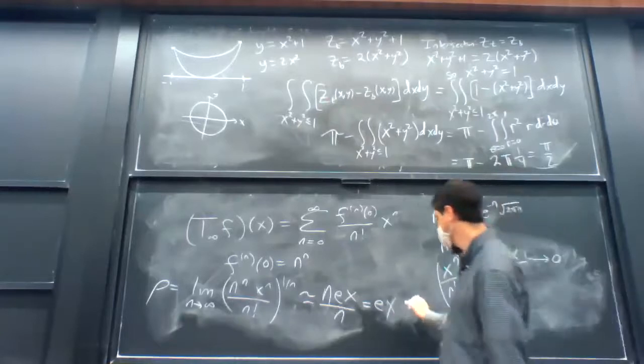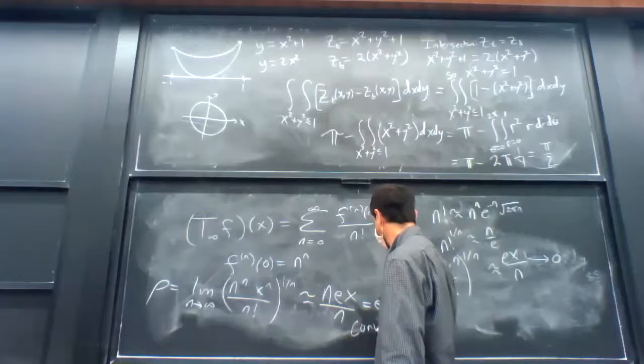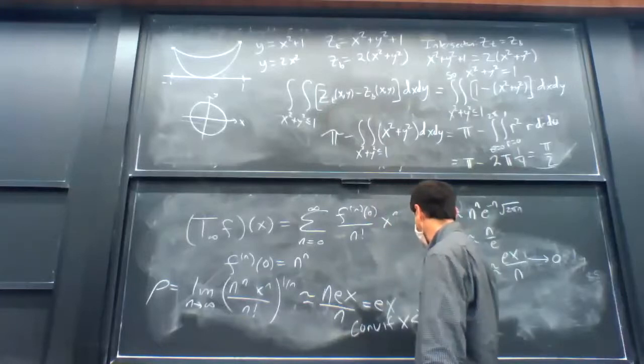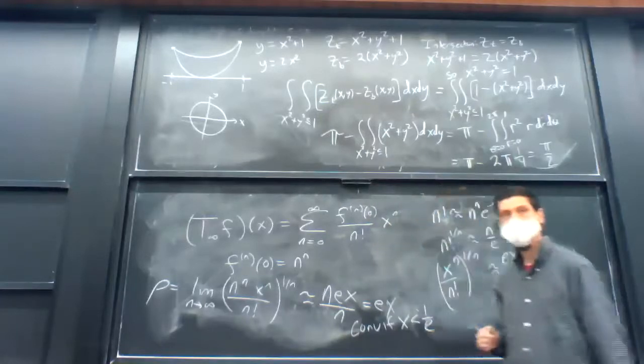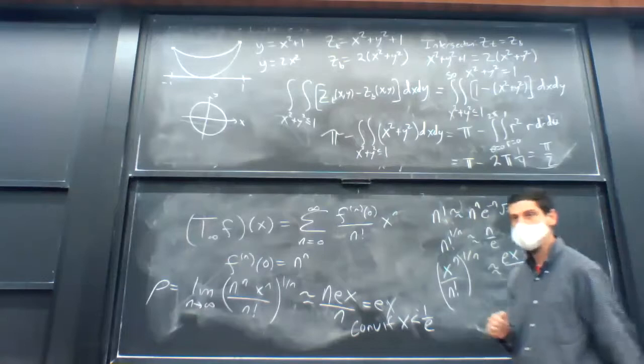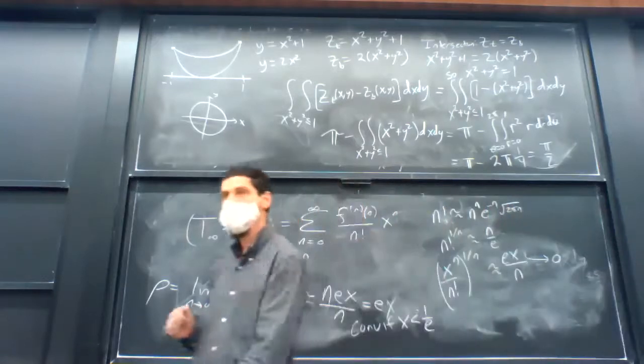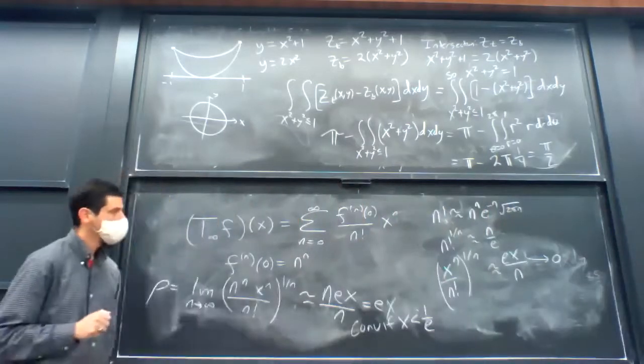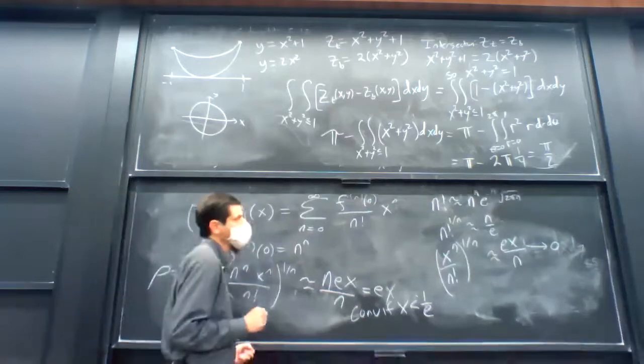Yeah, so this converges if x is less than 1 over e. And so if the nth derivative is going as fast as n to the n, it's still going to converge, with a much, much more restricted range.